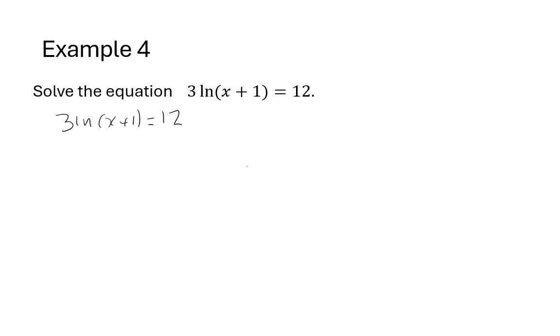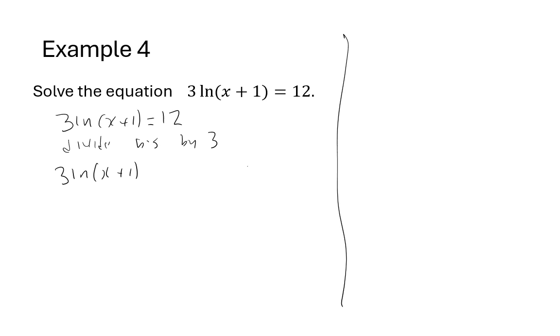So let's have only ln on this side, so we should divide both sides by 3. 3 goes into 3 just once, so we'll have 1 ln(x plus 1), which will just be ln(x plus 1). 1 times any number is just the number. So 12 divided by 3 will just give us 4.